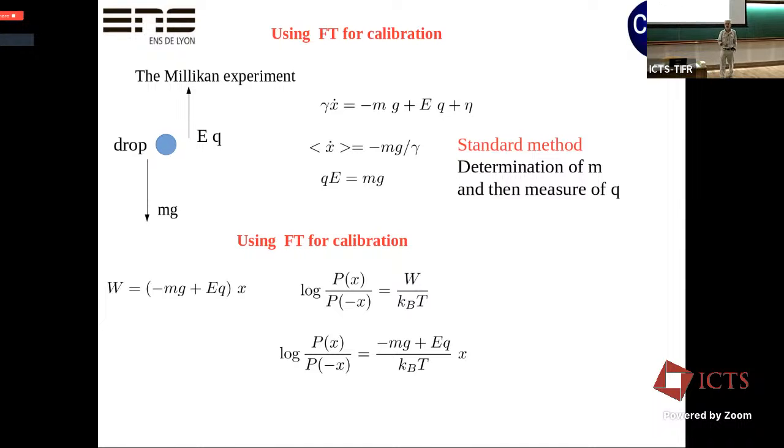Question? Yes. So in the Langevin equation, in this case, what is eta? What is eta physically? The noise is again the fact that the system is surrounded by air. Anyway, you have the thermal noise.